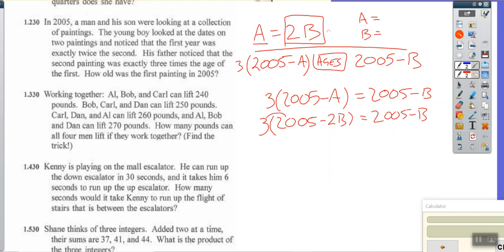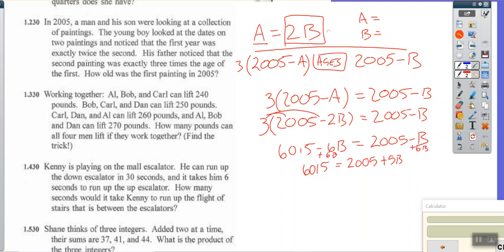So, multiply this out. I get 6,015 minus 6B is equal to 2005 minus B. All right, feeling good about this, I hope. Then I'm going to add 6B to both sides, so I get 6,015 is equal to 2005 plus 5B, because 6B minus B is 5B.